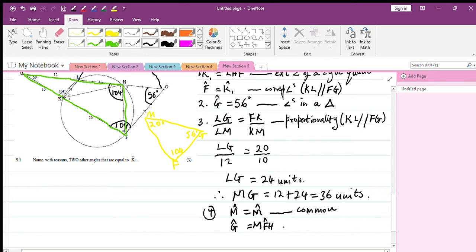Now, why do I say that MFH is 56? Look at it carefully. We have 20 degrees, 104 degrees, and that gives us 124 degrees. So the remaining angle here should give us 56 degrees. Angles in a triangle.